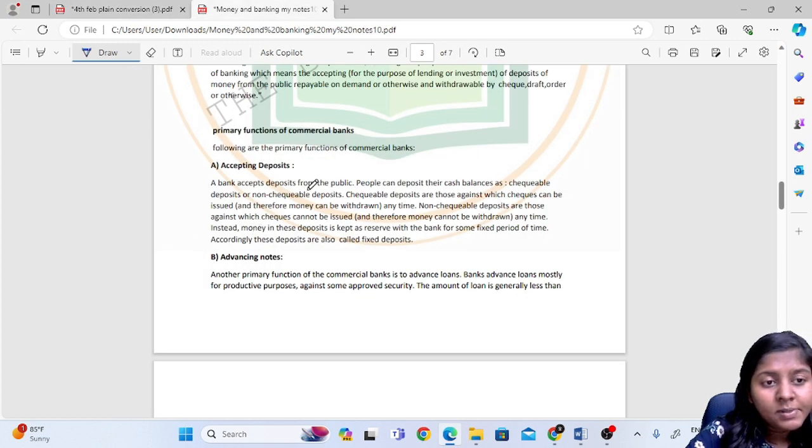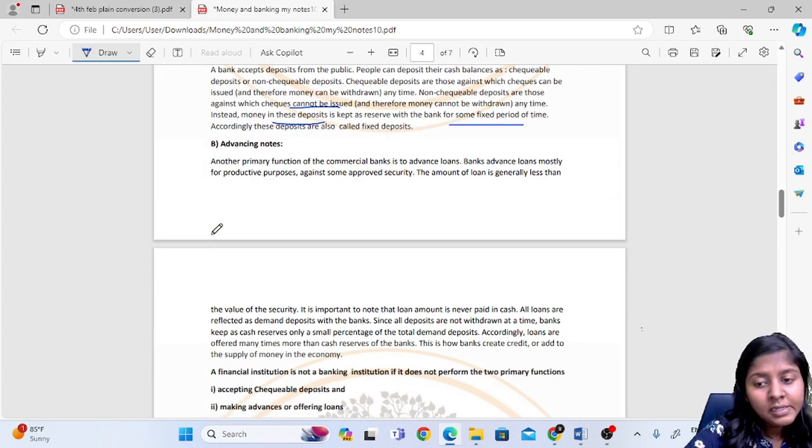A bank accepts deposits from the public, and people can deposit their cash balance, in checkable or non-checkable deposits. In checkable deposits, checks are issued, and non-checkable deposits are those against which checks cannot be issued, so they cannot be withdrawn at any time. Instead, the money in this deposit is kept as a reserve with the bank for some fixed period of time. So this is called accepting deposits.